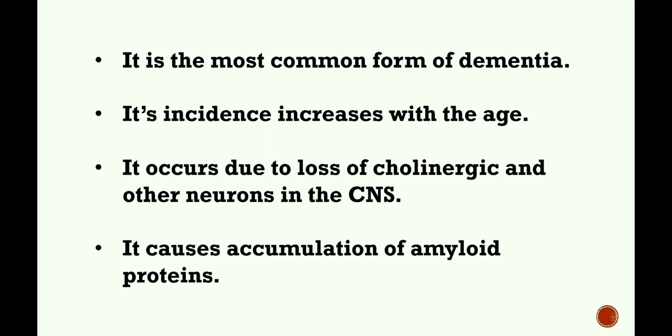In this, it occurs due to loss of cholinergic and other neurons in the central nervous system. And here, near the neurons, there will be accumulation of amyloid proteins. Because of the accumulation of amyloid proteins, the functioning of the brain stops, or the working becomes delayed.